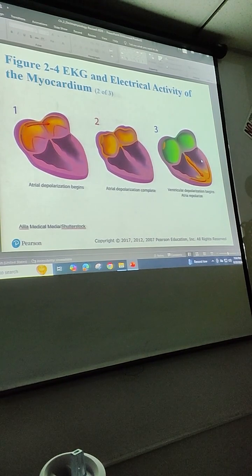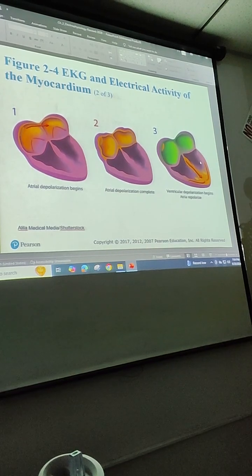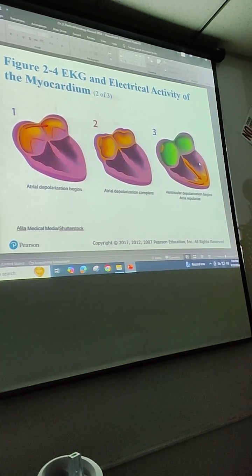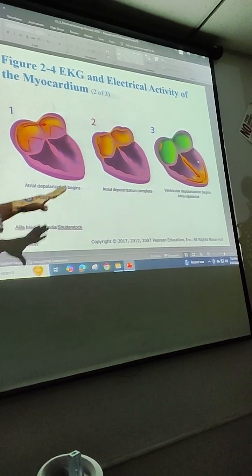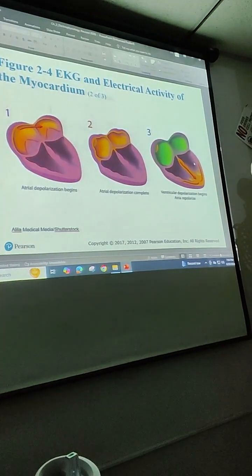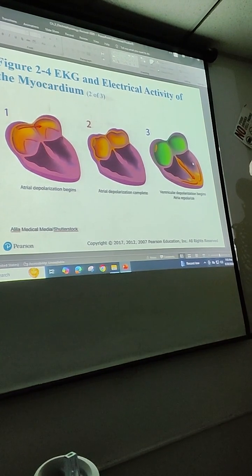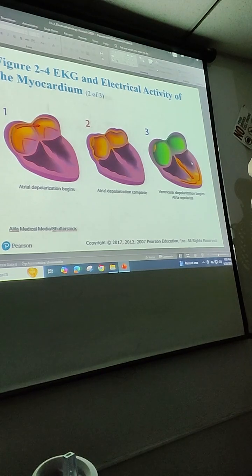Now, what's going to happen when the atria gets full and has no more space to pump blood? The AV node immediately turns on and allows the blood to start seeping through, because the pressure increases there. Remember that yesterday I mentioned it. What happens to a balloon when you fill it with water?